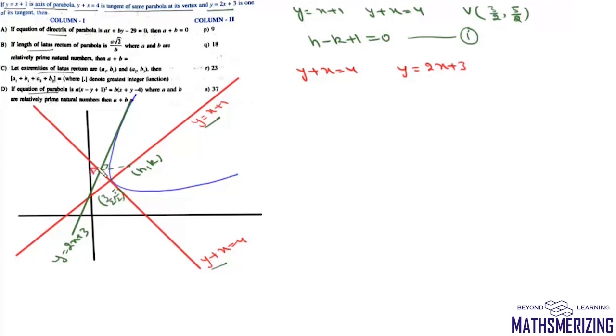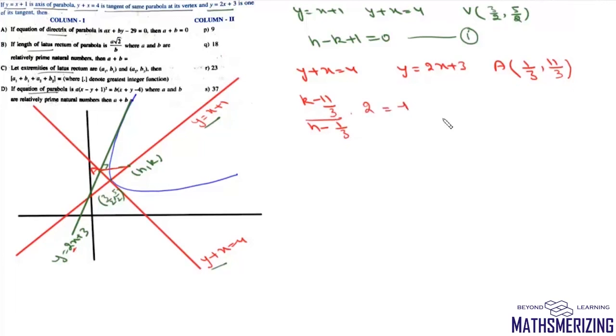Say this point is A. The coordinates of point A are (1/3, 11/3). Now we know that the perpendicular from the focus on this line passes through A, so we'll take the product of the slopes and put it equal to minus 1. That will be (k minus 11/3) upon (h minus 1/3), into the slope of this line, which is 2, and this is equal to minus 1.